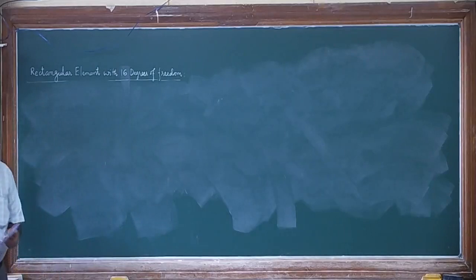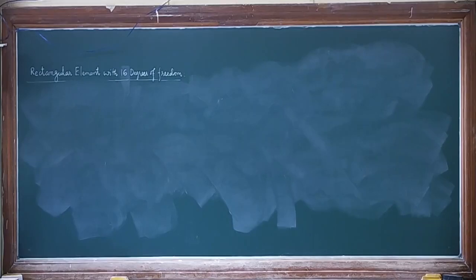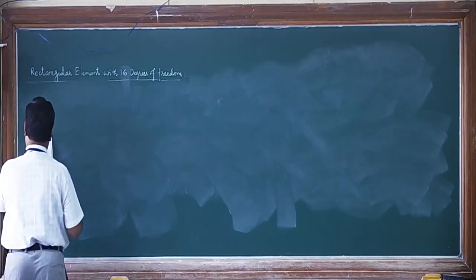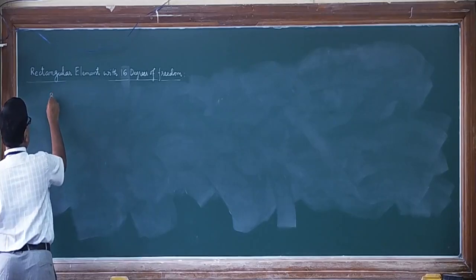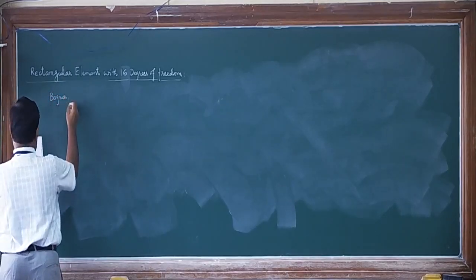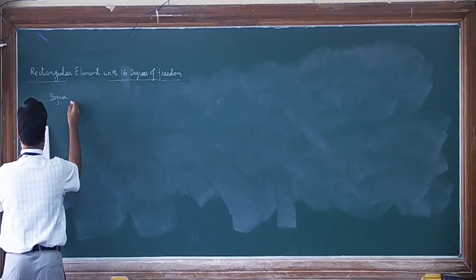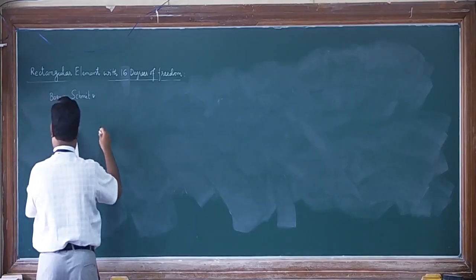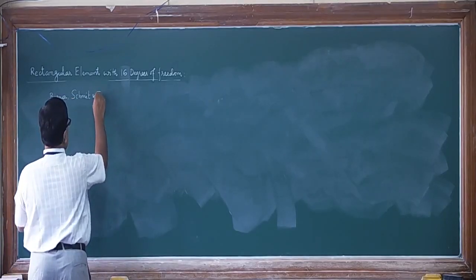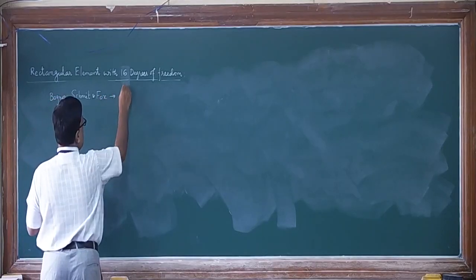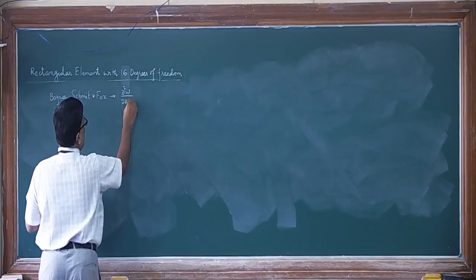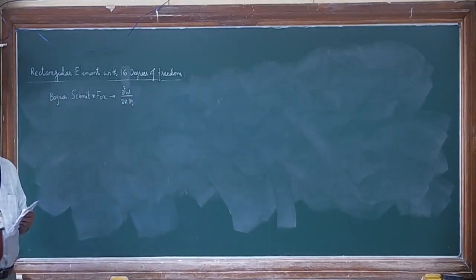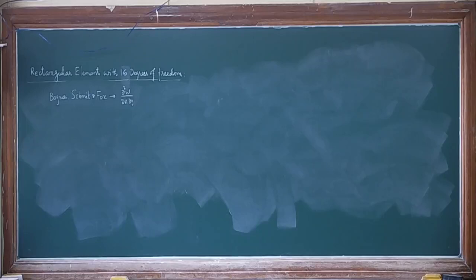Okay, from 12, we are adding one more degree of freedom, that is ∂²W. See, Bogner, Smith, and Fox, these people have considered another degree of freedom to this, and they have added one more. So with that, they have tried to overcome the nonconformity faced in the 12 degrees of freedom element.